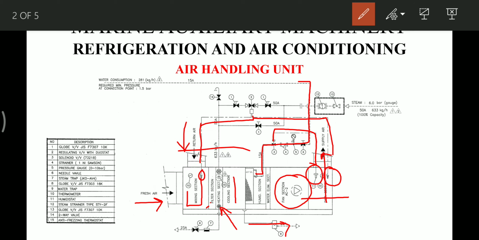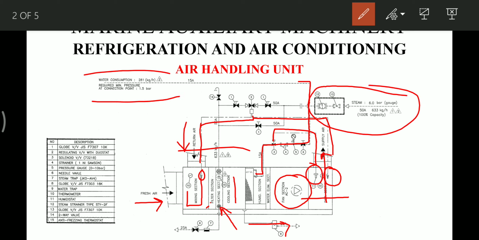So this is how the air handling unit works. Basically we have steam coil for heating and water for humidification, and the heating coil is controlled by the thermostats which are placed at the inlet and the outlet of the air handling unit, and humidity is controlled by the humidifying sensor which is placed at the outlet of the air handling unit.